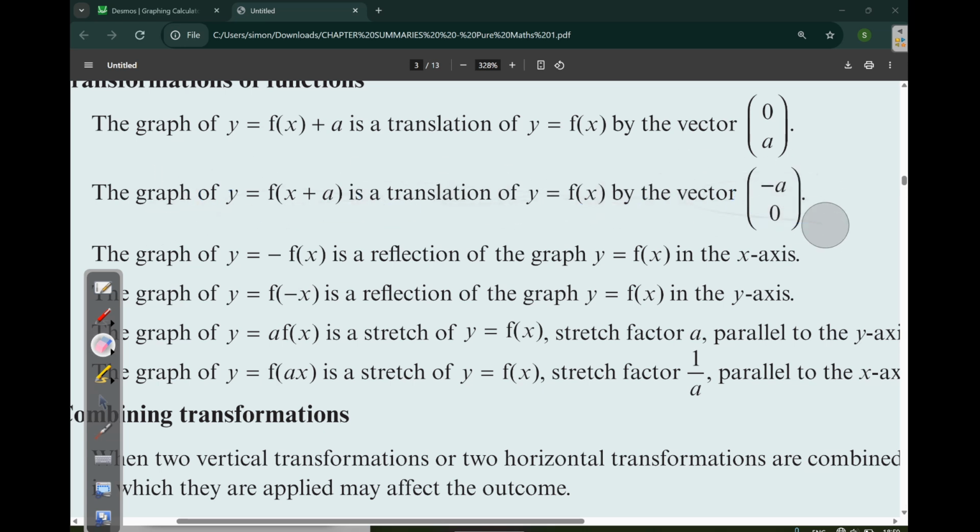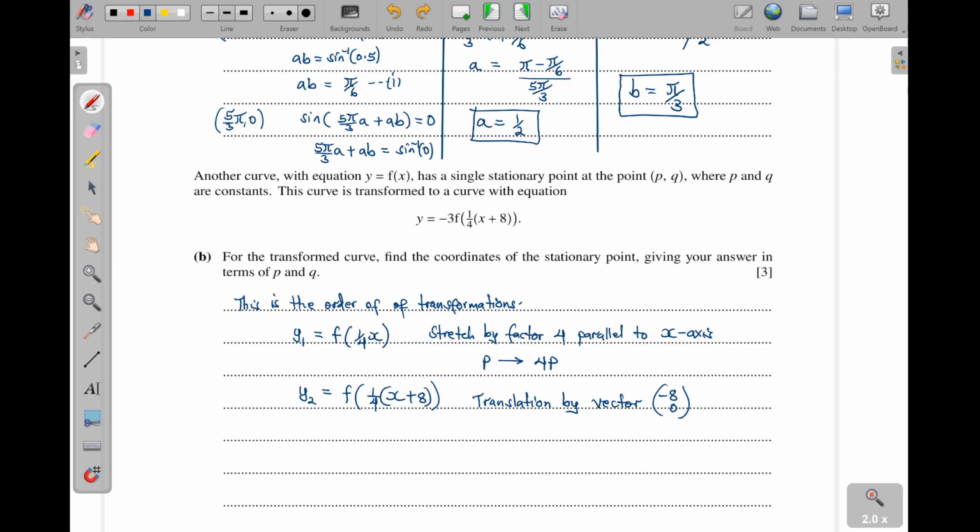So if you have a plus here, then it changes the sign. If you have a minus here, then it will come here as a positive. Does that make sense?